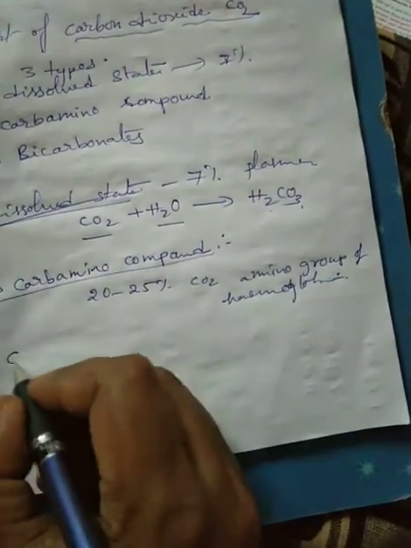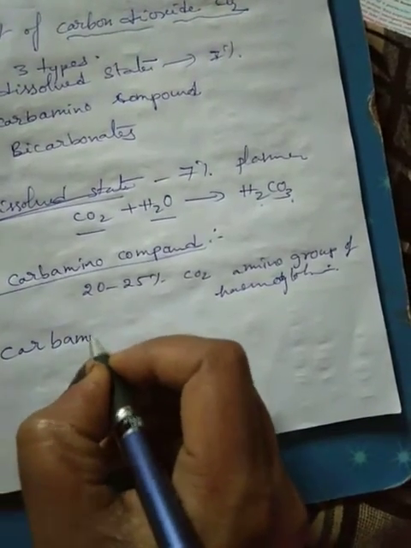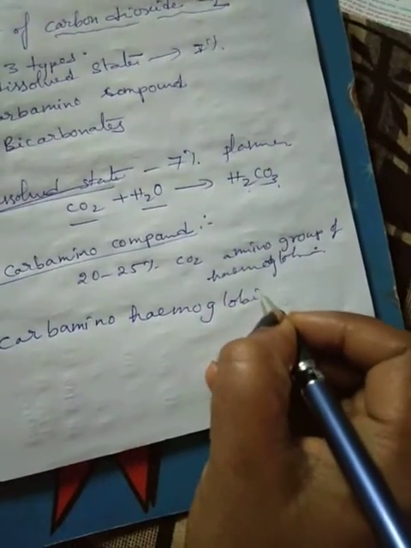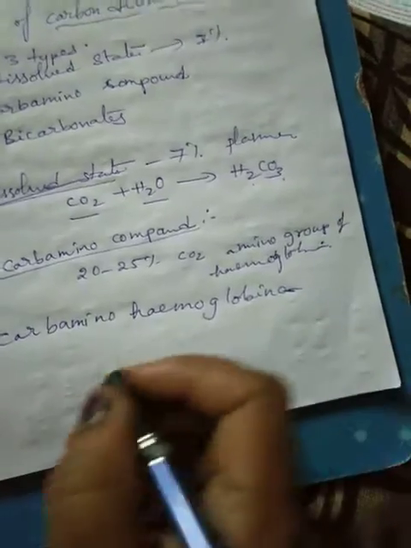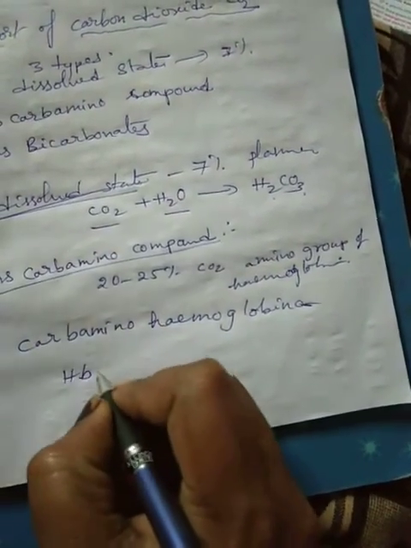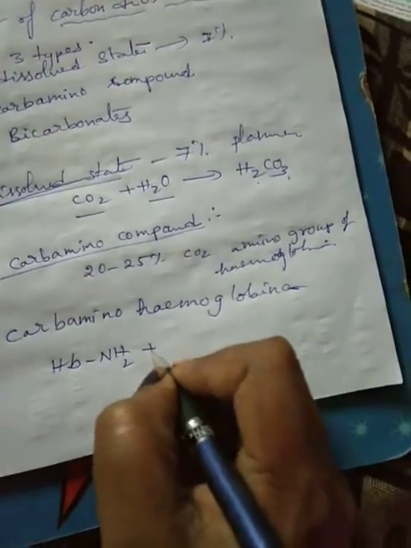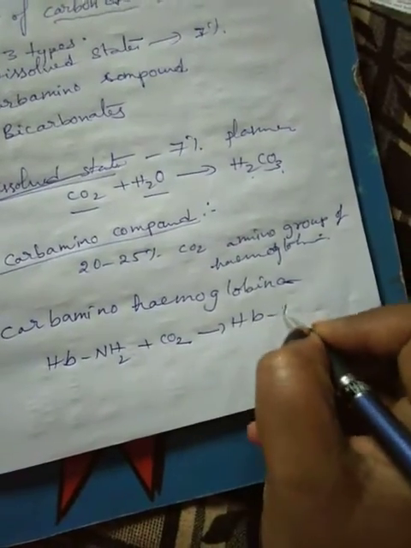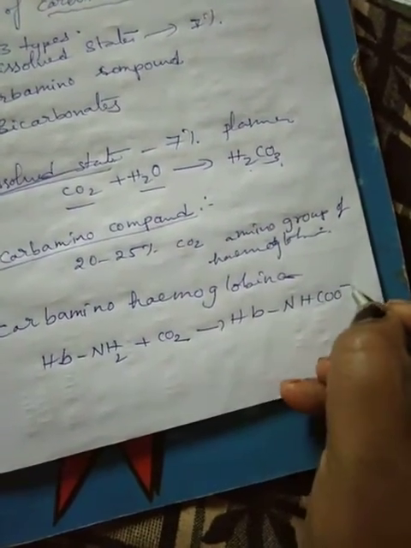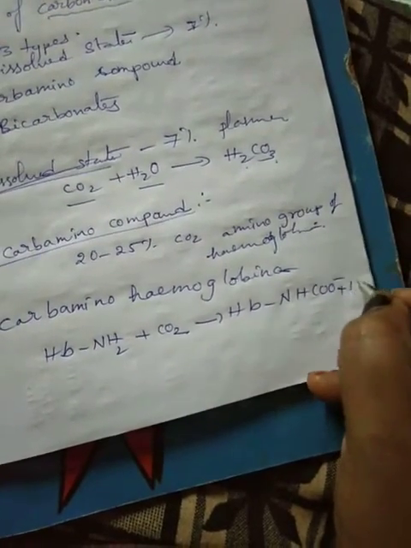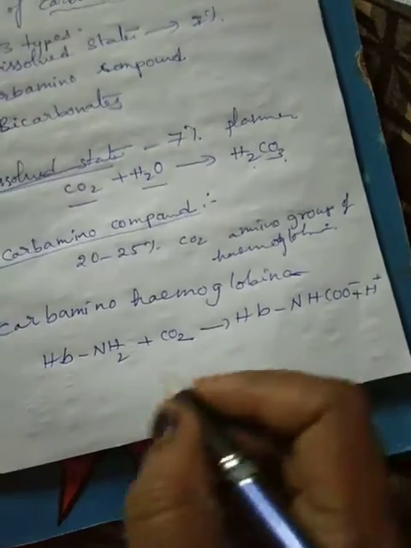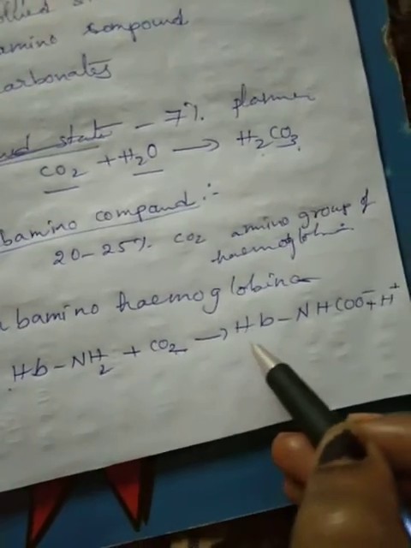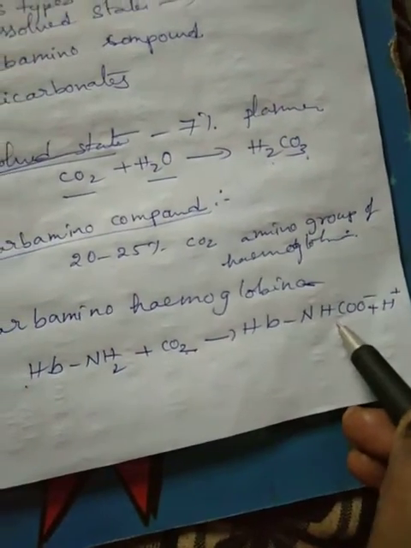So then it forms carbaminohemoglobin. Hemoglobin's amine group plus CO2 forms carbaminohemoglobin.